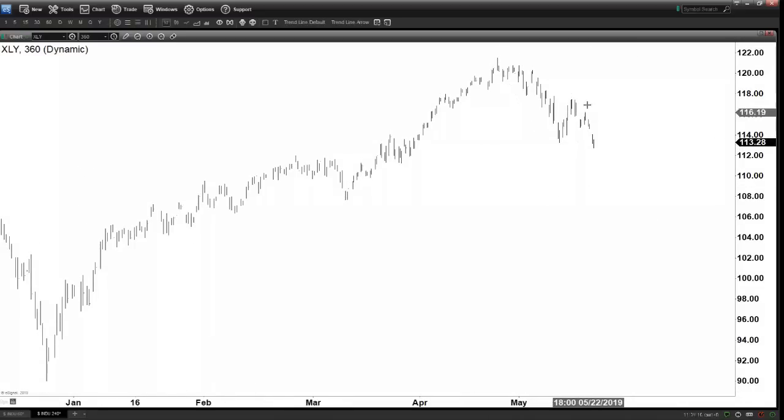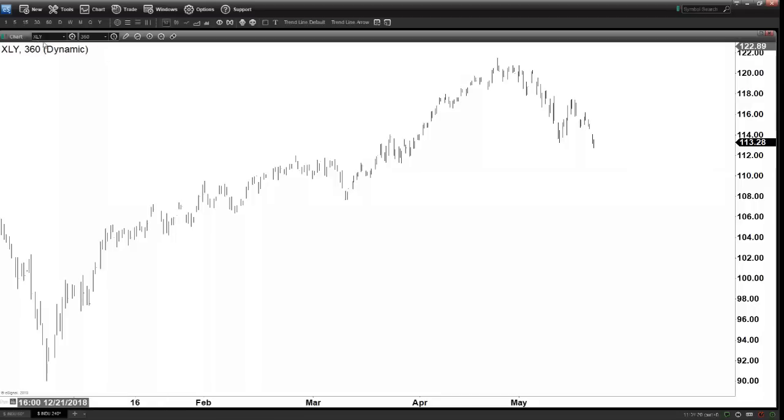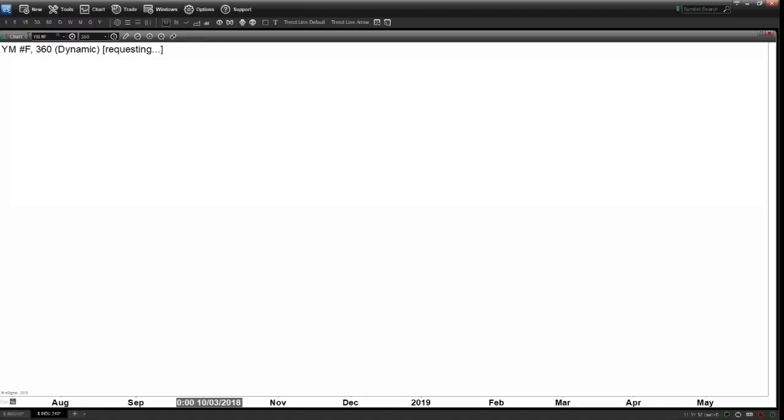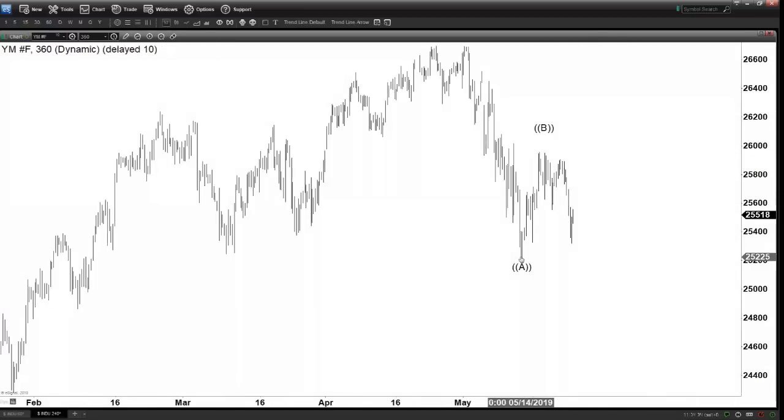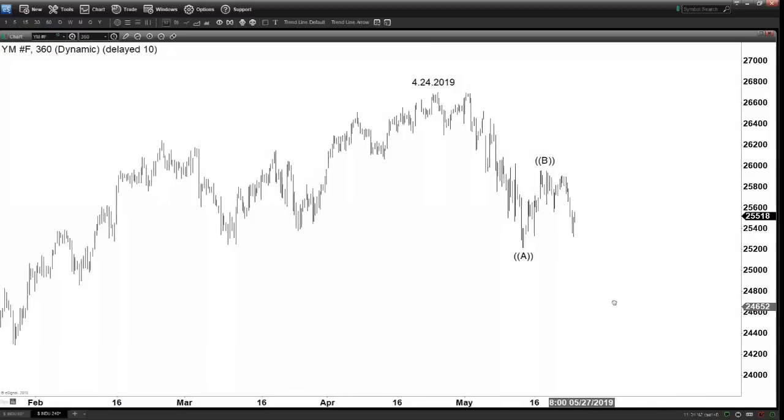So there are enough things within the sectors to suggest that I think the bounce is likely going to fail. Even though we have not technically broken the previous low in the Dow here, there are enough sectors within the broader index that already broke down, and therefore we are looking for the downside at this point.